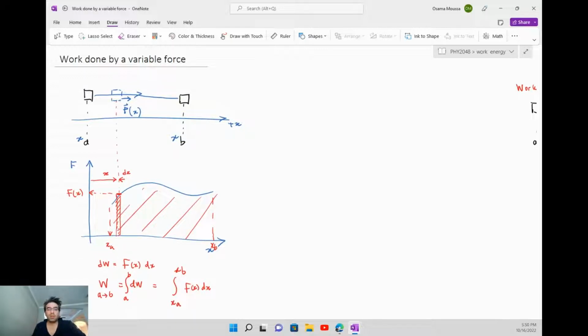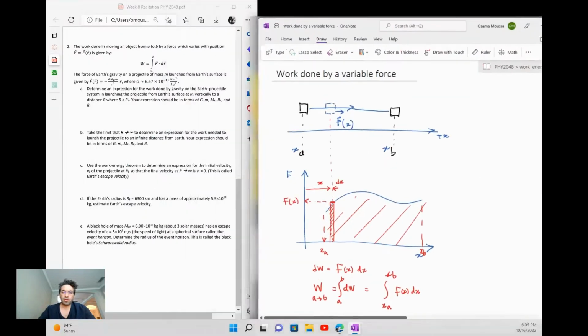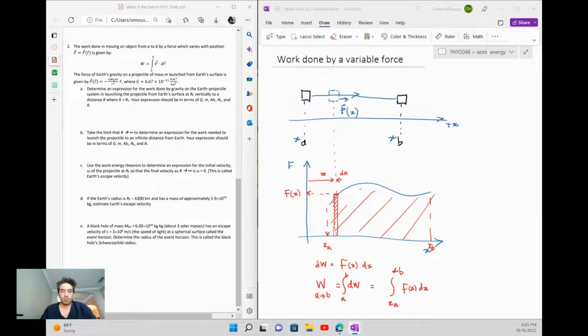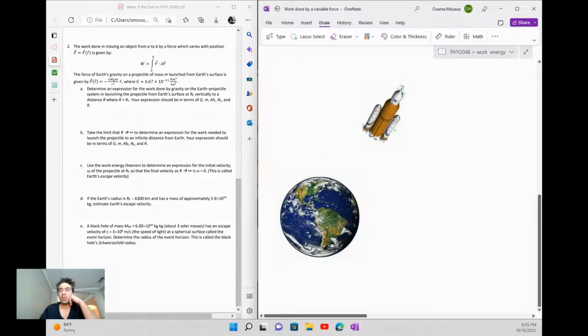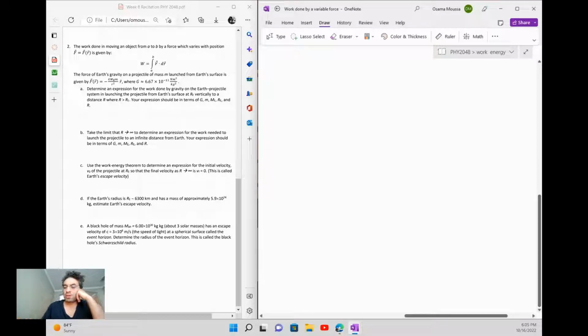Let me give you an example. Suppose we're thinking about this situation here, where I'm launching a projectile from Earth. And I know that the force of gravity, if you remember, the force of gravity between two objects was given by Newton's universal law of gravitation.